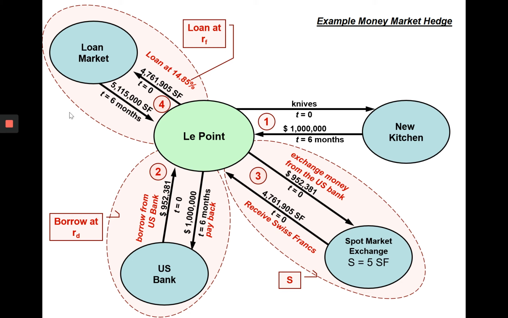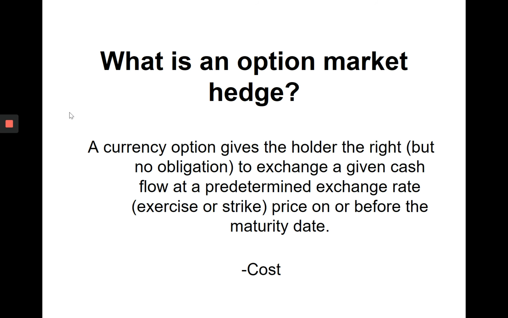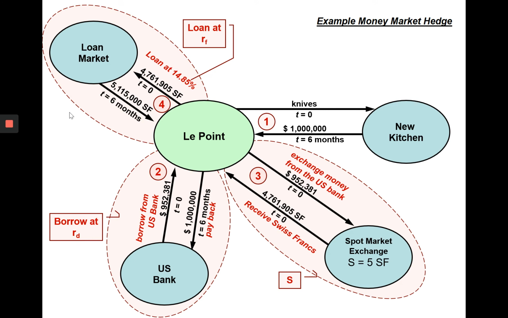It gave us losses or gains if New Kitchen went bankrupt, and the exact same thing applied to the forward contract. If we don't want this exclusion, we do a money market hedge. But this is a good place to discuss why the money market hedge and forward hedge are similar.